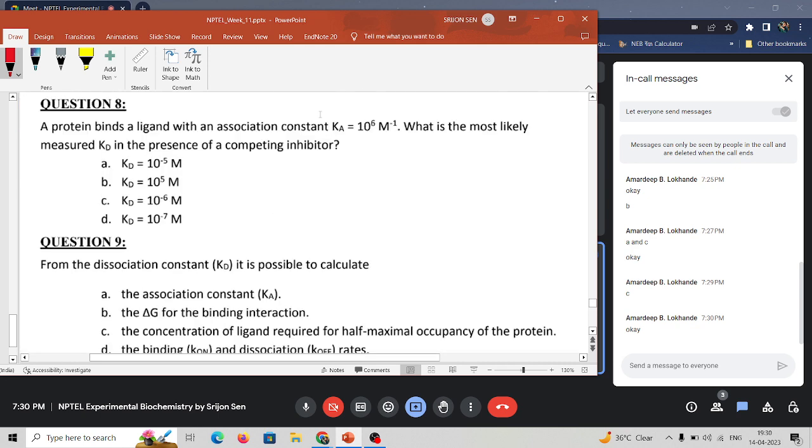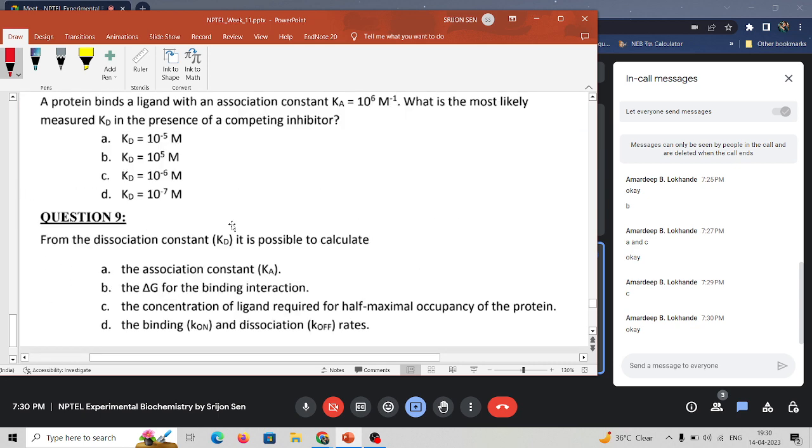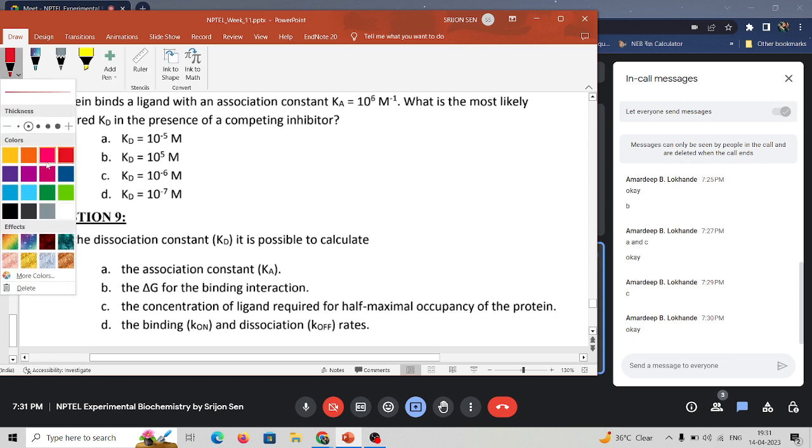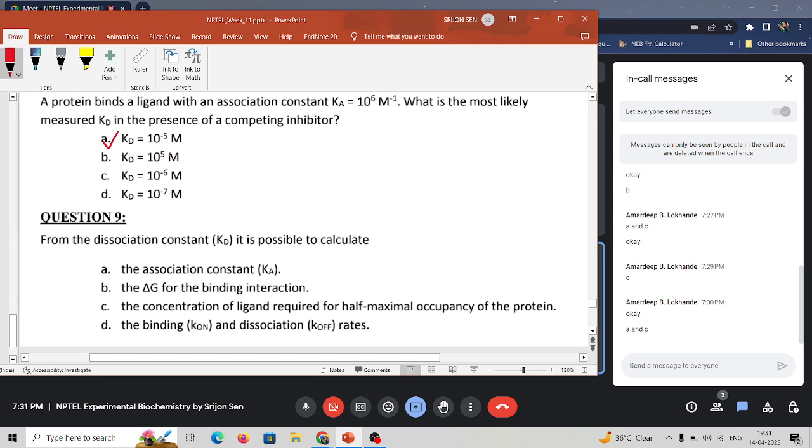What it says is, from the dissociation constant, it is possible to calculate. So what can we calculate from the dissociation constant? A and C. Okay.